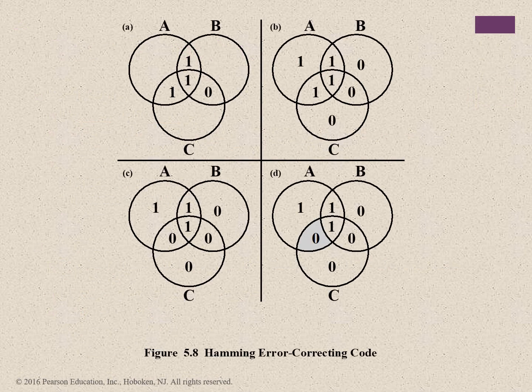So now let's move on to error correcting code. The simplest error correcting code is Hamming code, which was devised by Richard Hamming at Bell Laboratories. The Hamming error correcting code uses a Venn diagram.